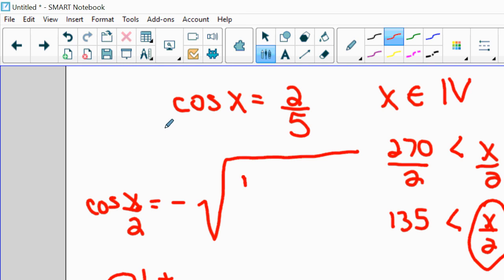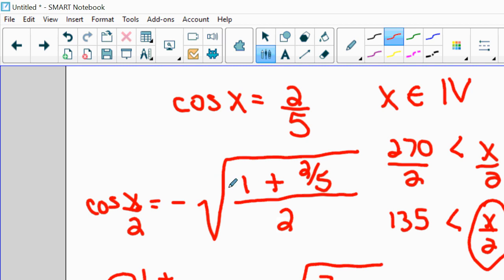it's minus the square root of 1 plus cosine of x. Well, that was given to me. And that's 7/5 over 2 times 1/2. That's 7/10.